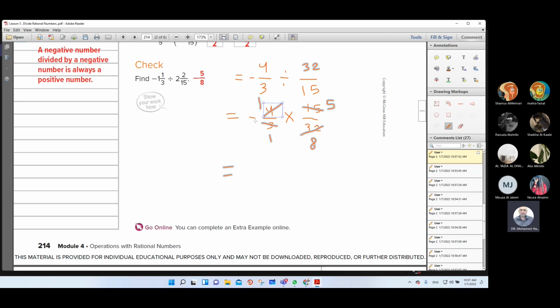And here you have negative 1 up times 5, and down we have 1 times 8.